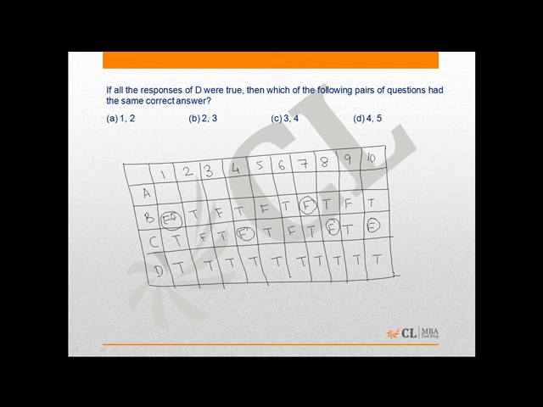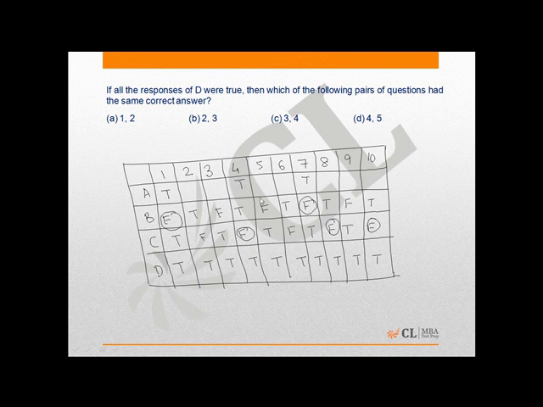Now B is sitting between A and D, and C is also sitting between A and D. So if B has not marked the answer, the reason is that A and D would have got the same answer. So true is the answer for this, and similarly for the 7th question the answer would be true only.